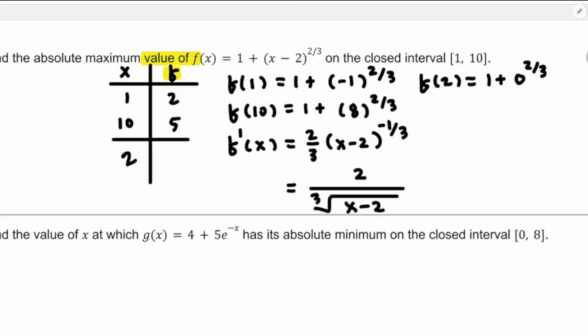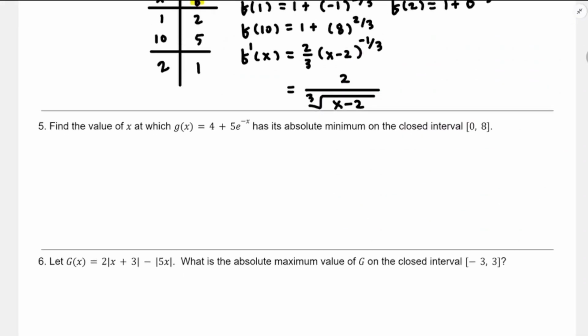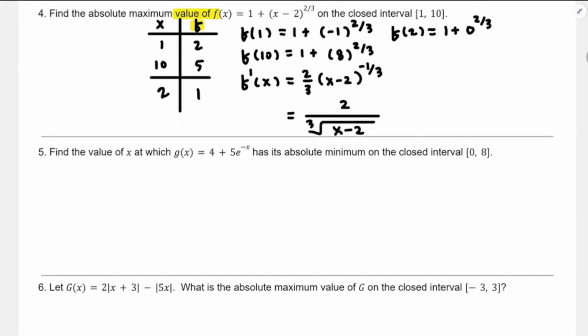So that was not the location of a maximum, it was the absolute minimum. That kind of makes sense, thinking about what that graph might look like. It would definitely have a minimum value at x equals 2. So the absolute maximum value of f is going to be 5.